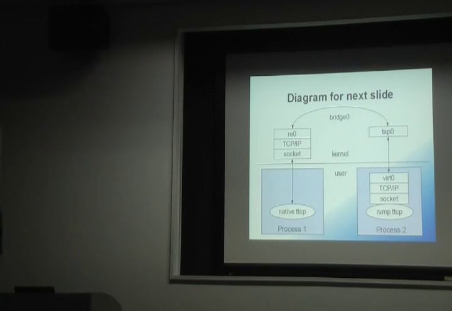I have a performance figure on the next slide, and here's just to explain what's happening in there. I ported TCP to the rump virtual networking, and I have a native TCP process running. It just does socket communication.